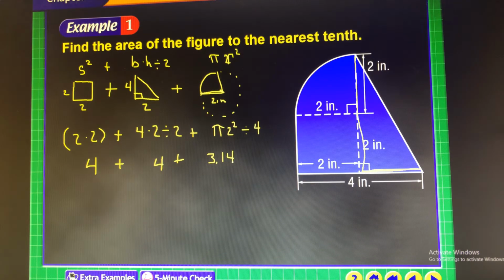And what do you get? Approximately, because it can't be exact. If there's a circle involved, your answer will never be exact. So it's approximately 11.14 inches squared, because I'm finding area. There you go. So it's just about taking the pieces of what you already know and then putting them all together.